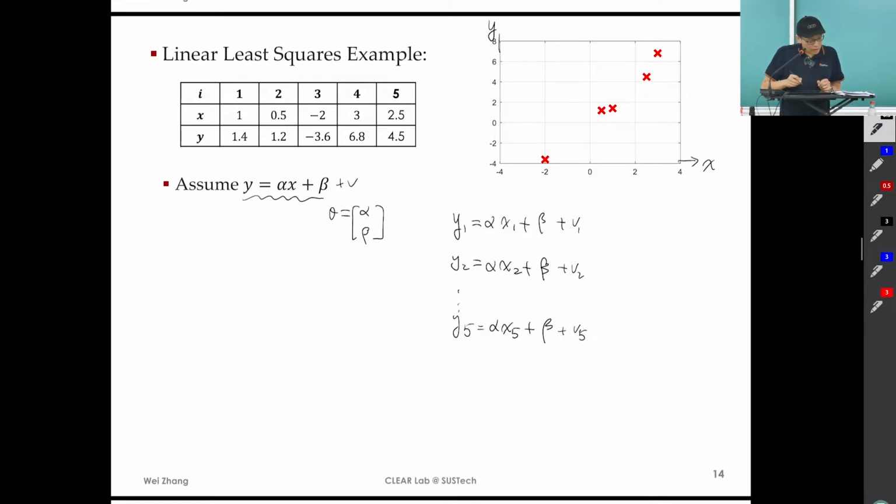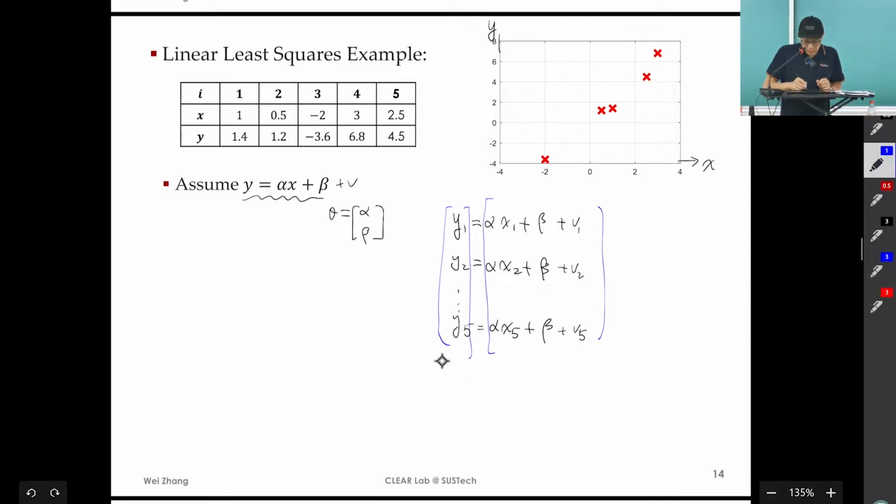Now if I want to write this in matrix form, and you should always think about things in vector matrix form, the y vector is in R5 in this case. The right-hand side, if you don't care about v, is a linear function of alpha and beta.